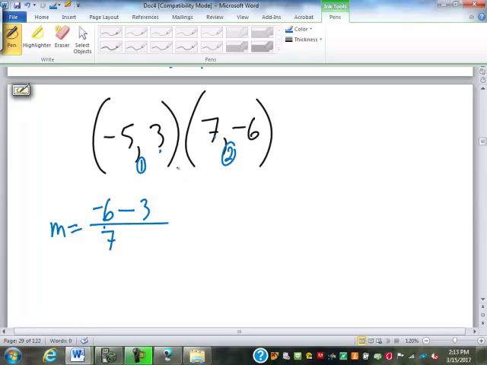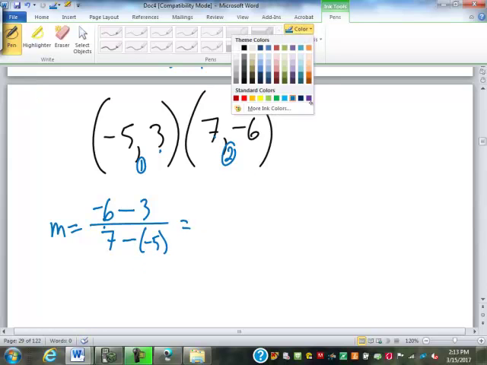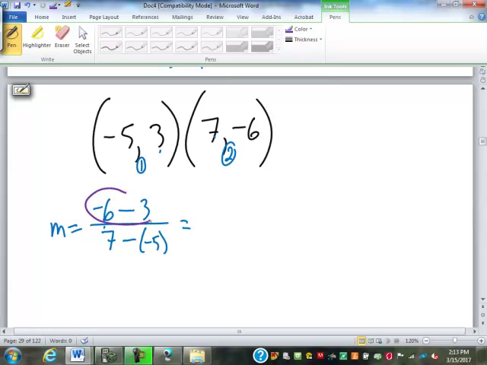Good. The x-coordinate of point 2 minus negative 5. Good. So on top, what is negative 6 minus 3? Perfect. What is 7 minus a negative 5? Perfect.